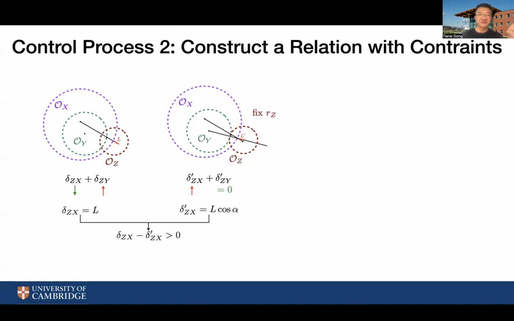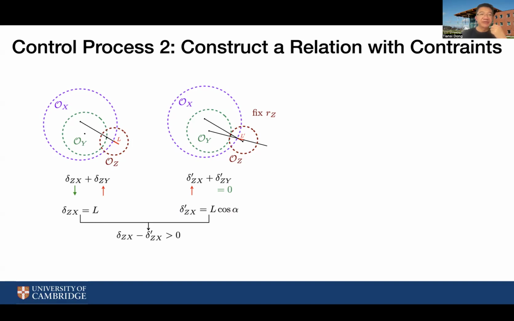And we need to prove that after reparation, the loss still reduces.